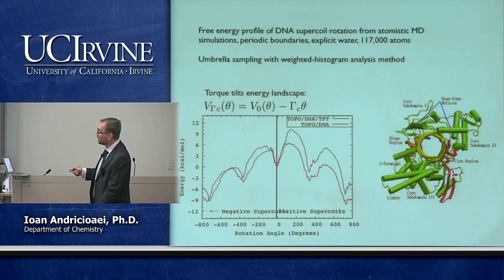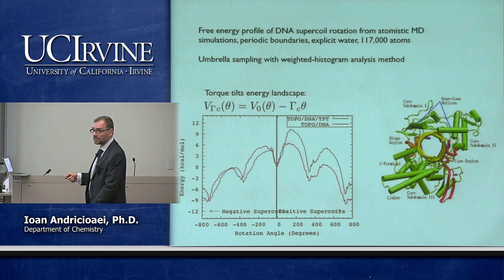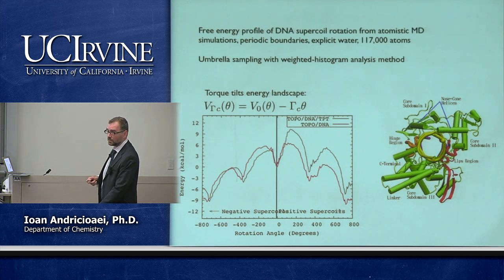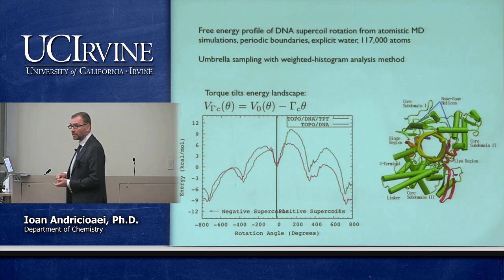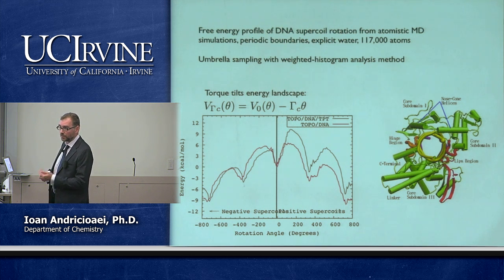This means that the DNA diffuses and jumps over the barriers, and it's going downward, which means that relaxation of the supercoil is facilitated. And the height of the barrier is going to dictate what the rate of the conformational transition for one supercoil removal is going to be. So we can estimate that rate from the calculation, and we can compare with the rate that's measured in the experiment.